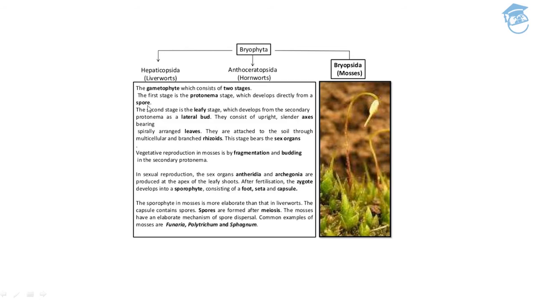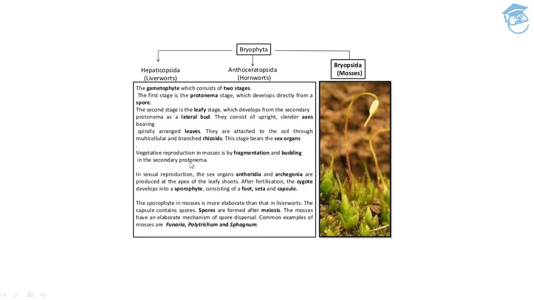The second stage is the leafy stage, which develops from the secondary protonema as a lateral bud. It consists of an upright, slender axis bearing spirally arranged leaves, attached to the soil through multicellular and branched rhizoids. This stage bears sex organs.